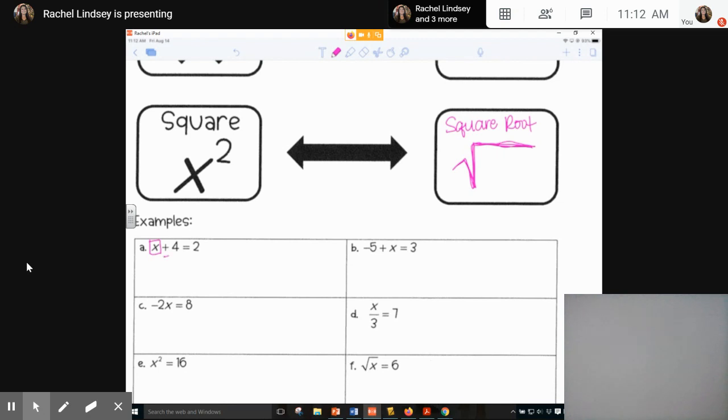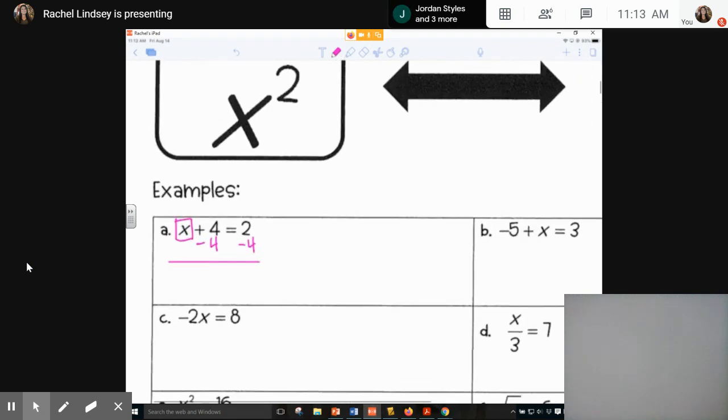Subtract it. And what I do to one side I have to do to the other. So I'll subtract 4 from both sides. That cancels to 0. Then I'll have x on this left side. And then what's 2 minus 4? Negative 2.